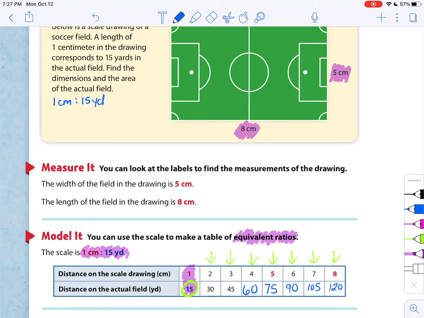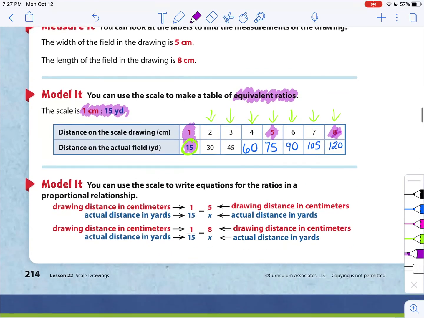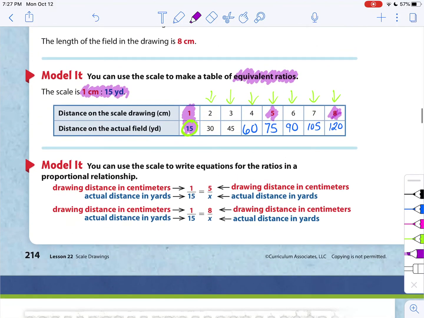And remember, from this table, the 5 centimeters and the 8 centimeters are our two ratios that we're interested in, because based on our drawing, we have a length and width of 5 and 8 centimeters. So let's look at how we can take this table of equivalent ratios and model it with what we know about proportional relationships.